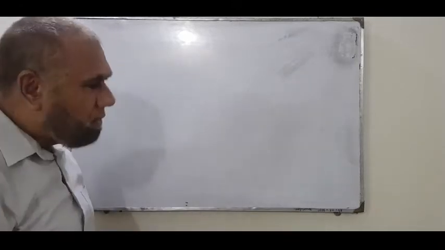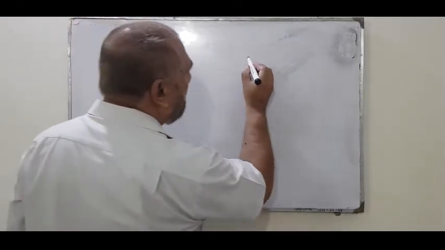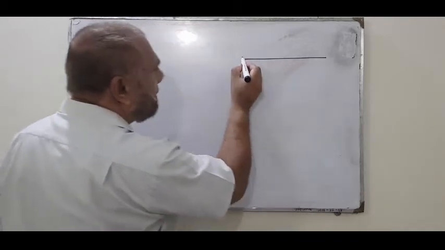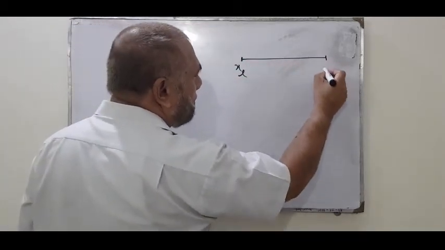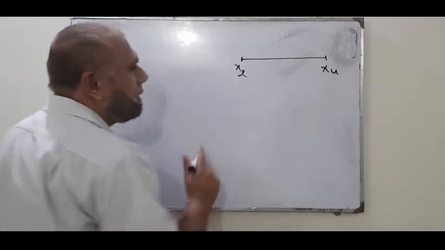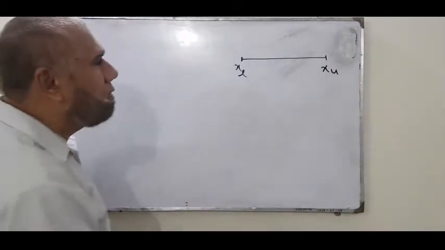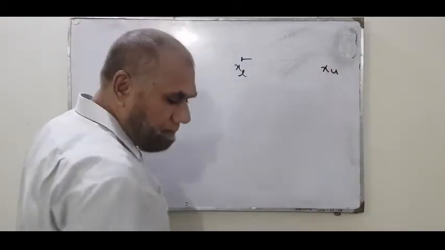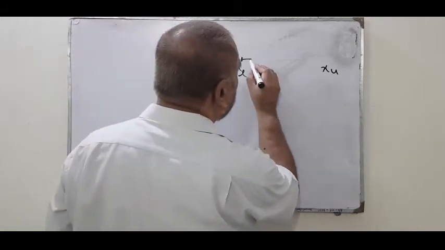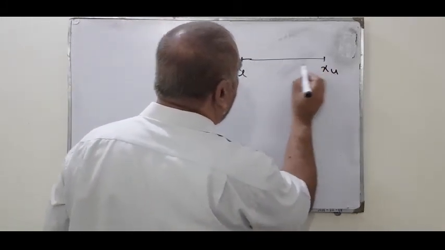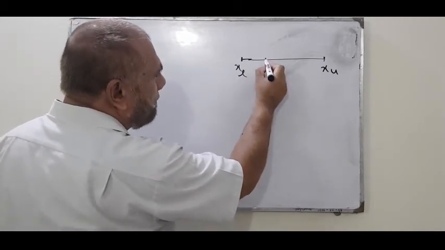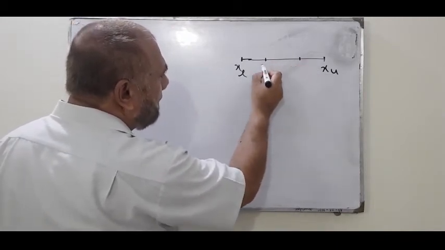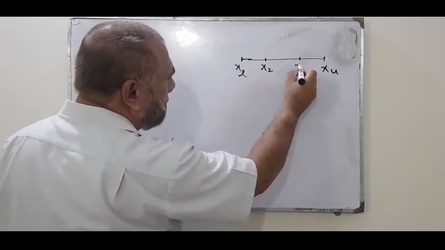If you remember, we started from the interval between the boundary of XL and XU. This is your boundary in which the extreme value of the function lies. Then we go in search of two more points within the boundary, and we have labeled them as X2 and X1.